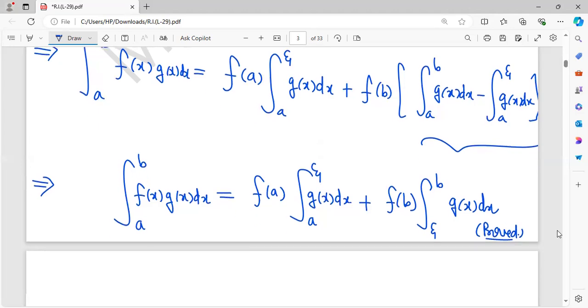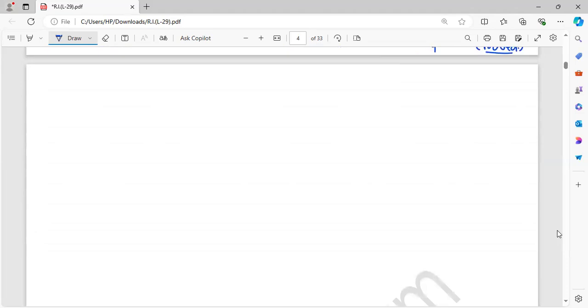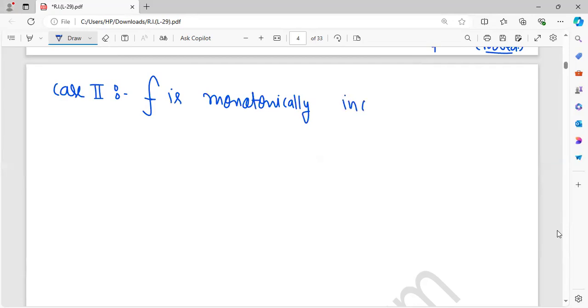Now the second case is f is monotonically increasing. In the previous case one we proved that if f is monotonically decreasing, then the theorem holds. Now we are taking another case, f is monotonically increasing.